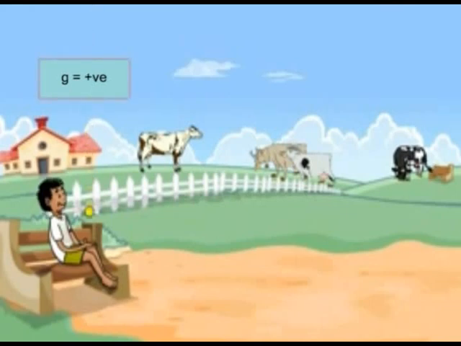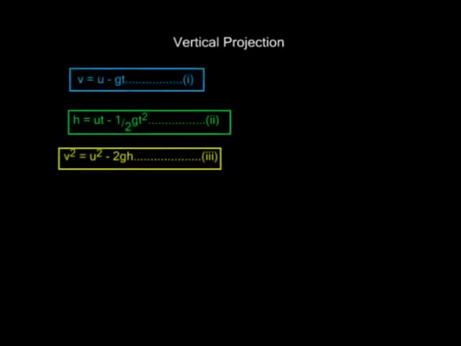Therefore, for a body projected vertically upwards, the following equations hold. v is equal to u minus gt. h is equal to ut minus a half gt squared. v squared is equal to u squared minus 2gh.